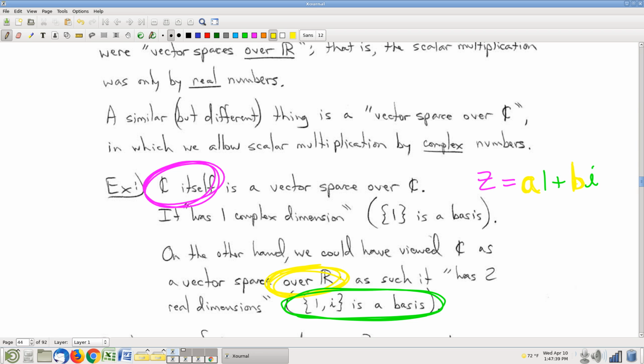Right, so you require real scalars, and all of a sudden we're back to the complex plane being two-dimensional, as of course it should be because it's a plane.